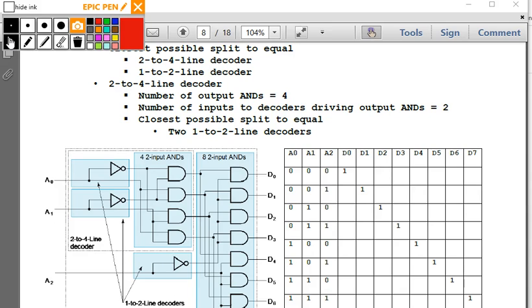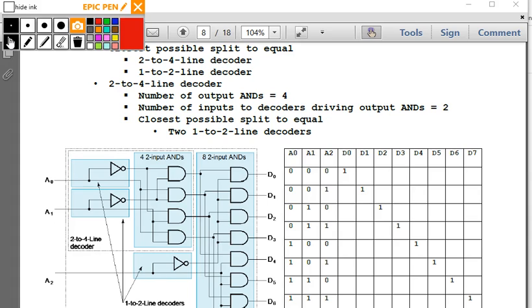So this could be RS, and then you include another one for RT, and another one for RD. Your result would be read reg 1, read reg 2, and then read data. So that's where this comes into play.